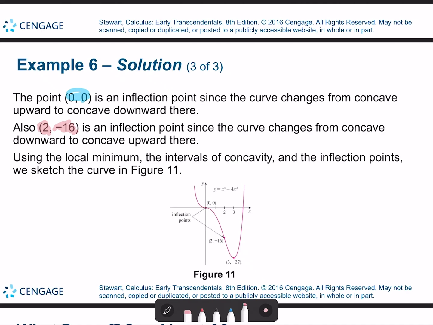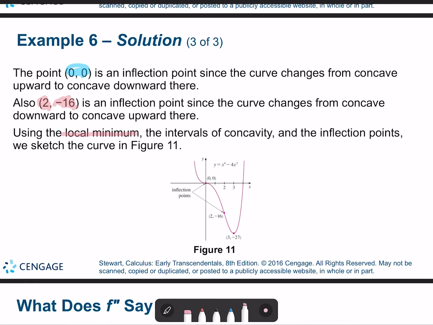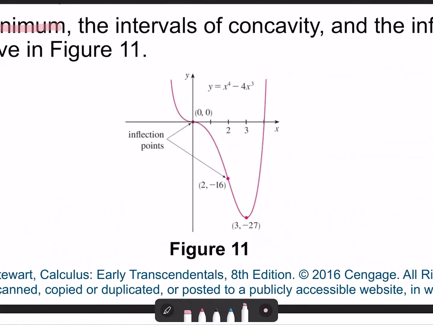And using the local minimum, the intervals of concavity and the inflection points, we can sketch this curve. So we saw that the interval to the left of x equals 0 was decreasing and that it was concave upward.